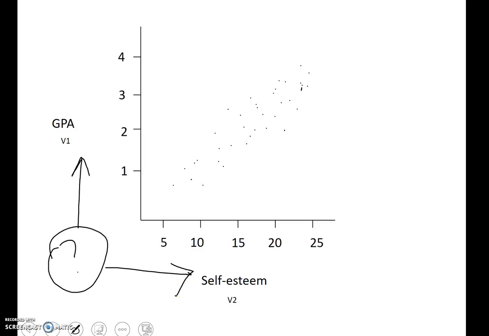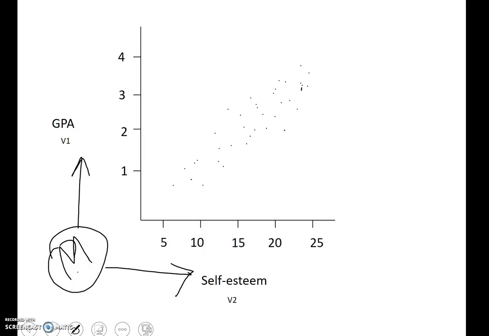For example, maybe self-esteem doesn't cause GPAs, and maybe GPAs doesn't cause self-esteem. Maybe there's something different that kind of causes both of them, like motivation.